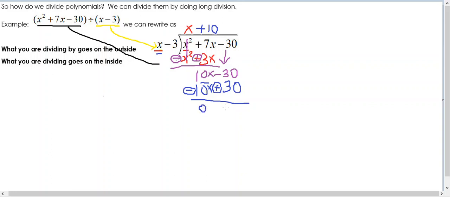Negative 30 plus 30 is 0. That's what we want. So my answer to this problem is up here, it's this x plus 10. So x squared plus 7x minus 30 divided by x minus 3 is x plus 10.